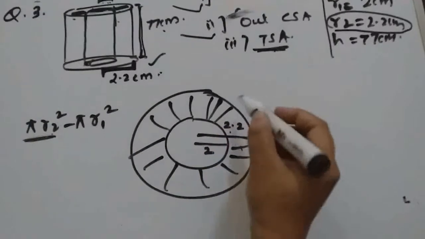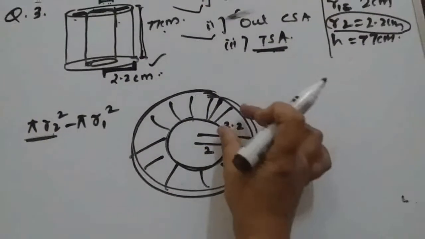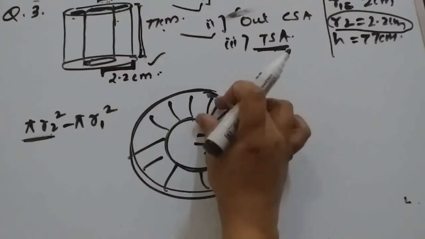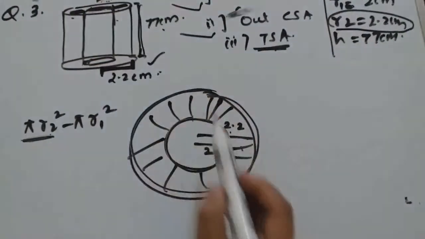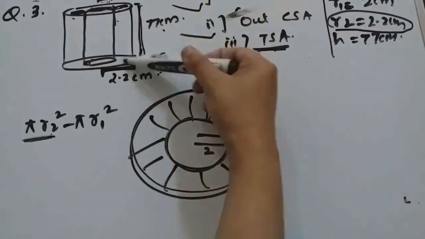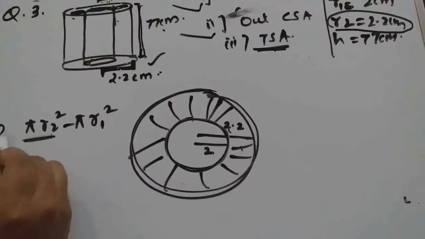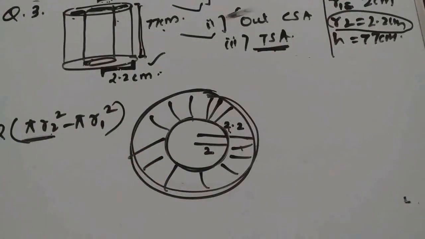Okay, so from bigger circle, if you subtract area of smaller circle, you will get the ring part. That only we want. Okay, now this is for bottom surface. We want top surface also. Both bottom surface and top surface contain this face. So that times 2 we should find this.